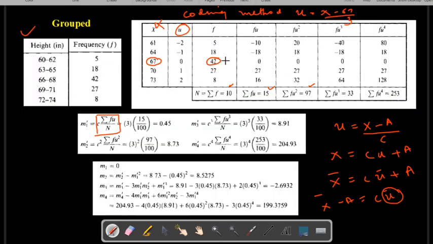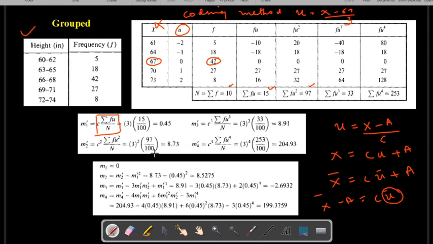That is called coding method. So c multiplied, you are getting m1 dash. If you take m2 dash, not just one c, because the square comes here also, c square multiply, and here u cube, then c cube multiply, u raised to 4, c raised to 4 multiply. You will get all the moments about the origin.